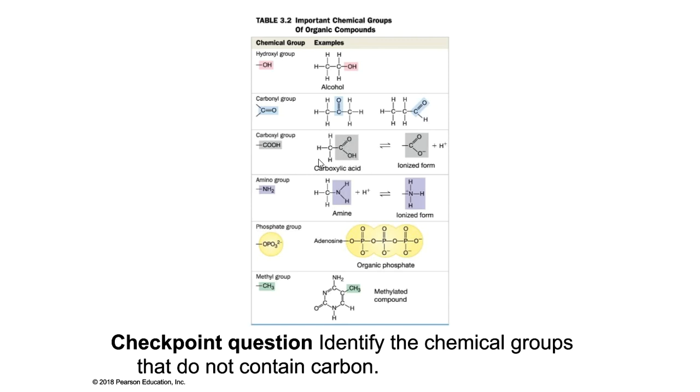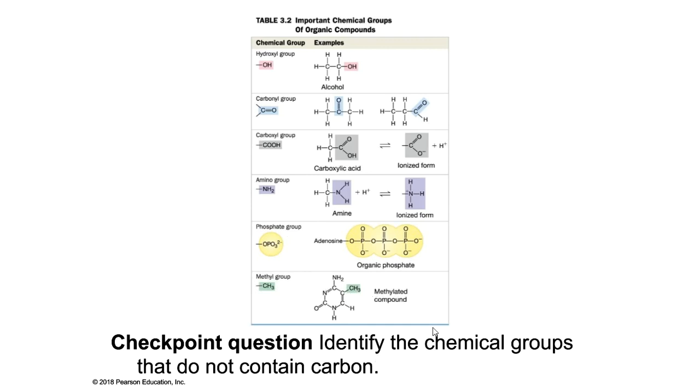Here's a carboxylic acid. Don't worry about the ionized form. Amino group, NH2. It's the only one that has that nitrogen in it. Phosphate group, the only one that has the phosphorus. So you can see an organic phosphate here with three phosphate groups attached to it. And then we've got a methyl group, CH3, here associated with this compound, which has been methylated.